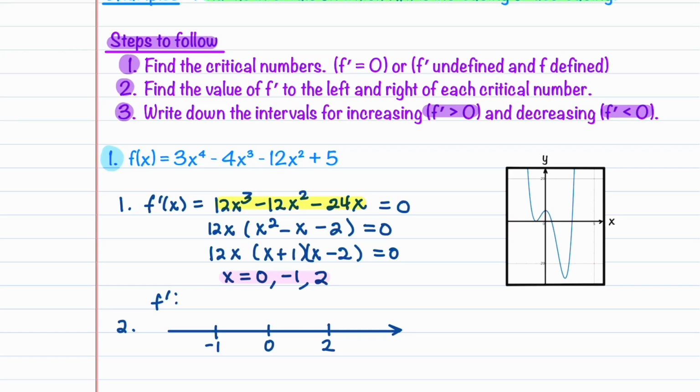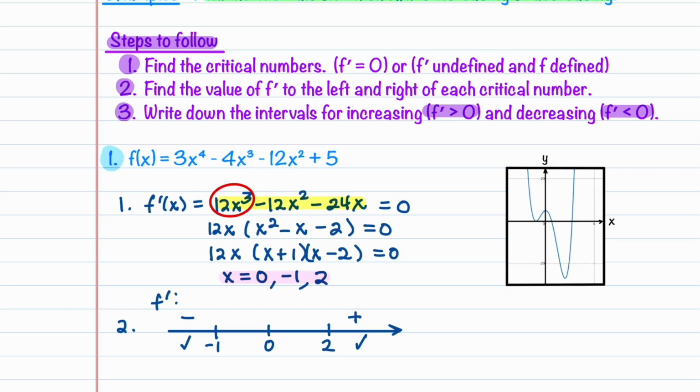When you're working with a polynomial, the region to the left and the region to the right of all the critical points is determined by the leading term of f prime. The leading term has an x cubed in it, so it is going to be negative when x is negative, and it's going to be positive when x is positive. That just makes it a little bit easier.